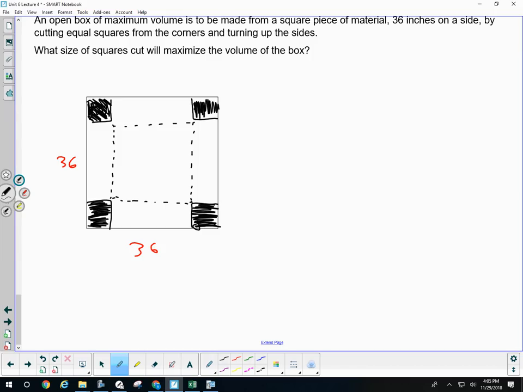And these are the sides. Follow me so far? All right. These corners are a variable distance, variable length. But they're squares, so I'm cutting out an x by x box for each of them.